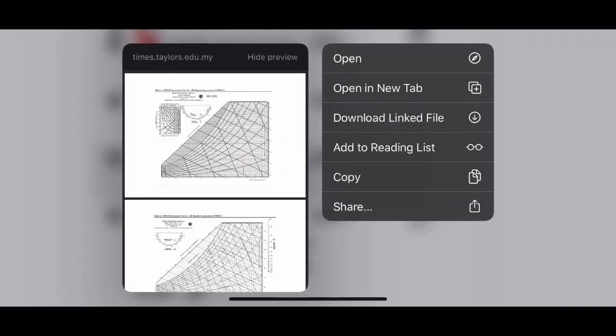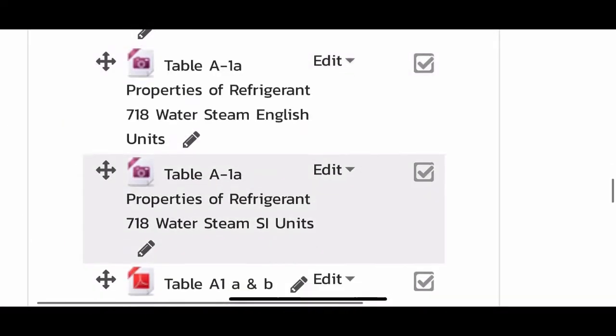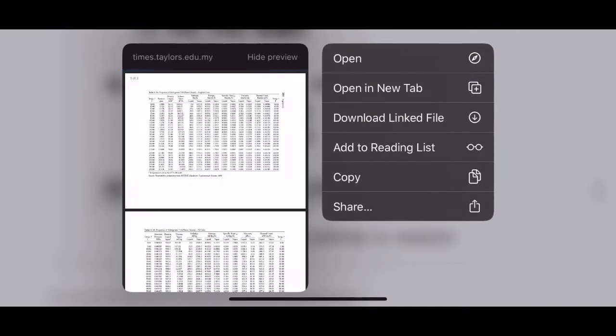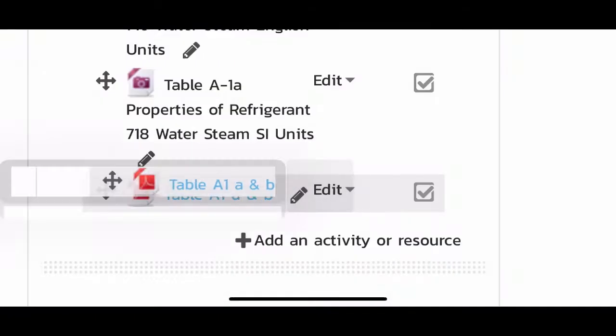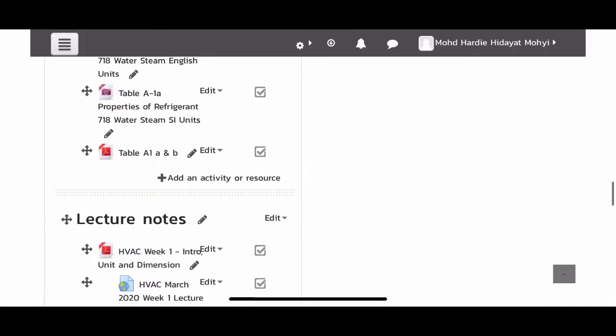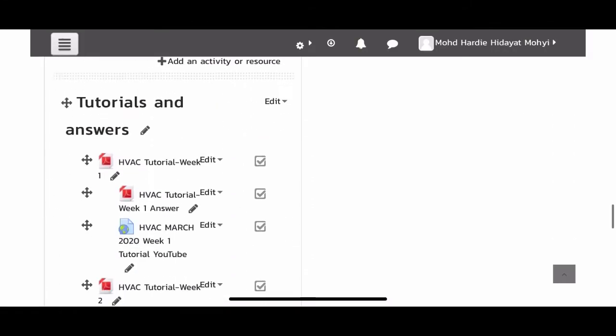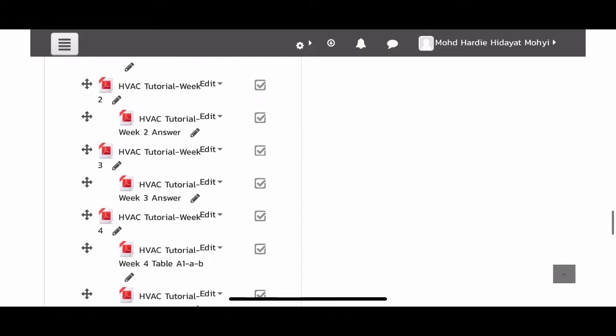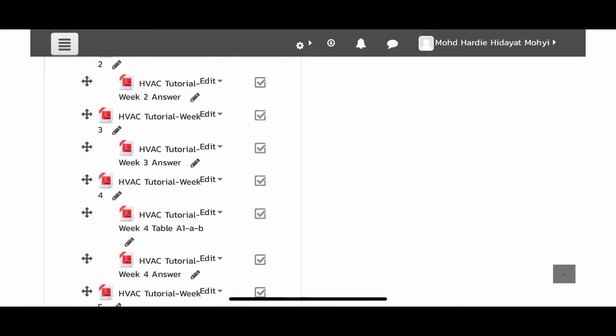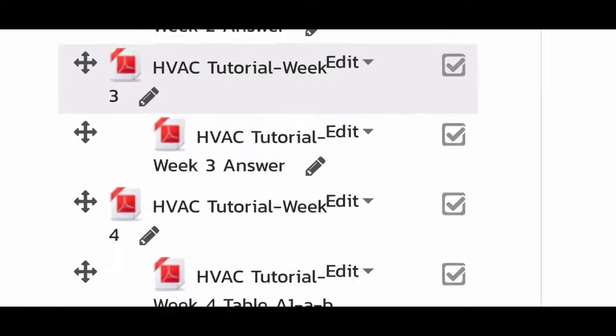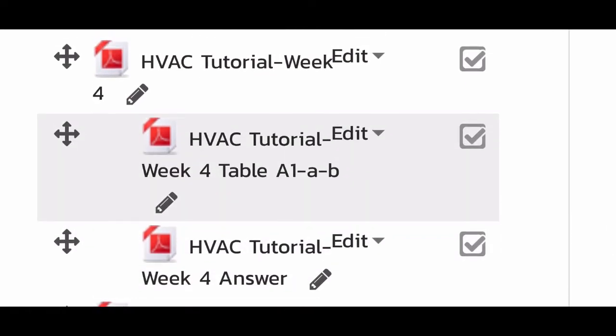Then you need to open Table A1, A and B, which is for the SI unit and also the English unit, and then you need to open tutorial 4, and of course open the tutorial 4 answer.